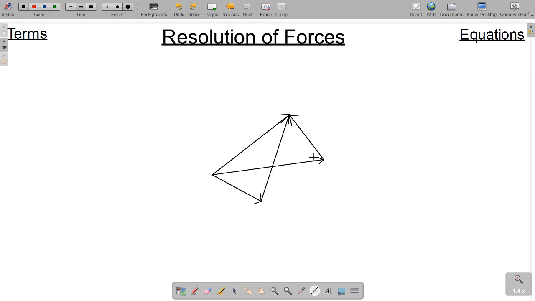But most of the time when we talk about resolution of forces, we talk about splitting it into two perpendicular components.